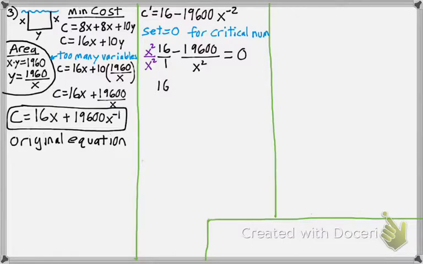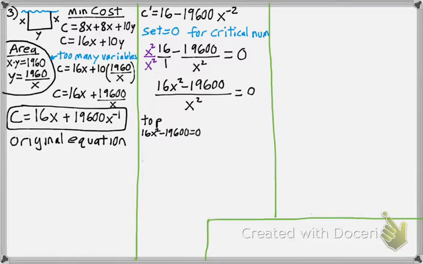So I'll have 16x squared minus 19,600 all over x squared is equal to 0. If you look at the top, I have 16x squared minus 19,600 is equal to 0.